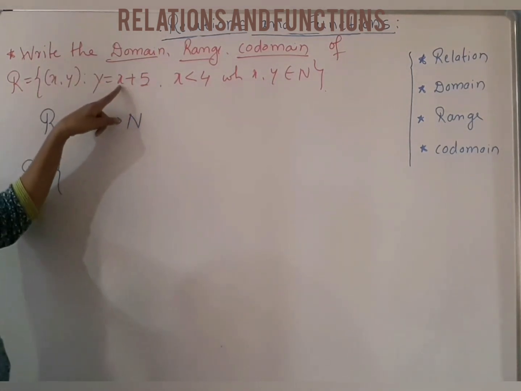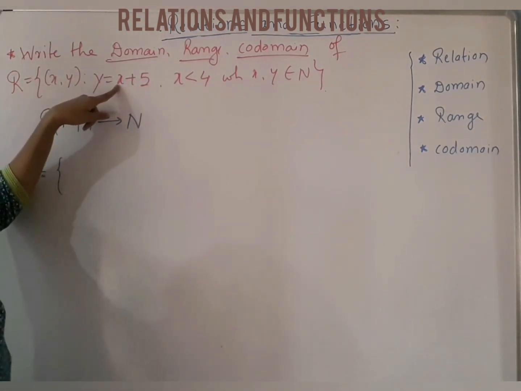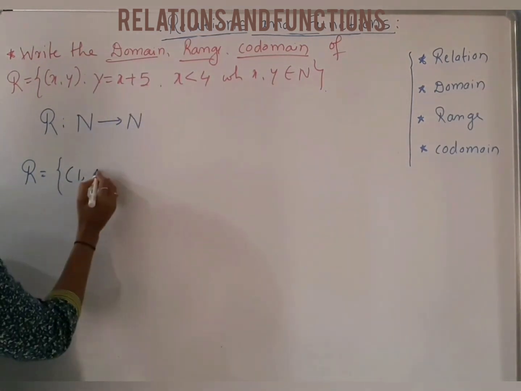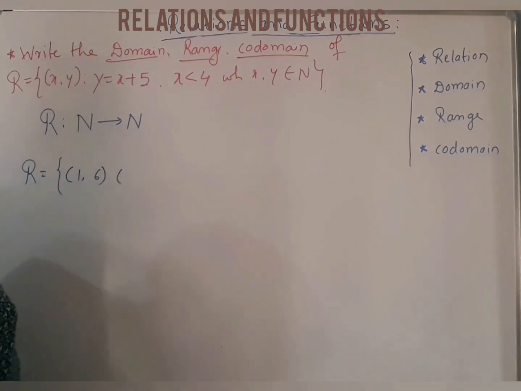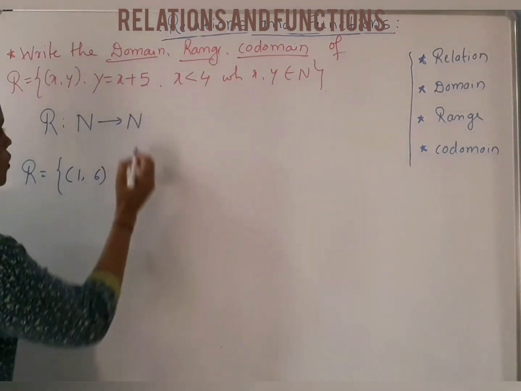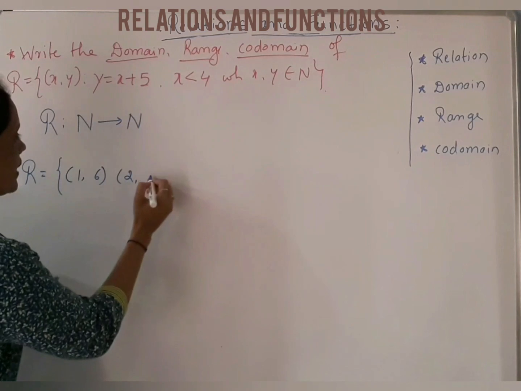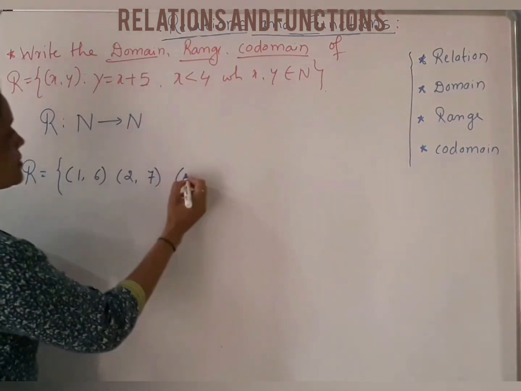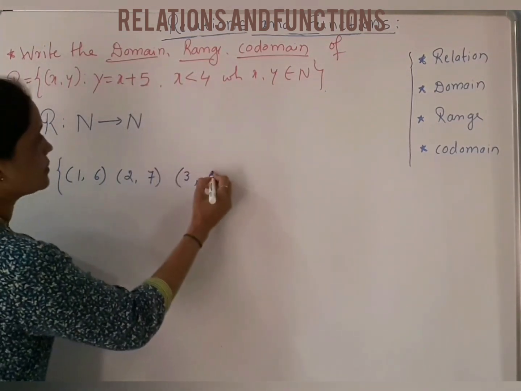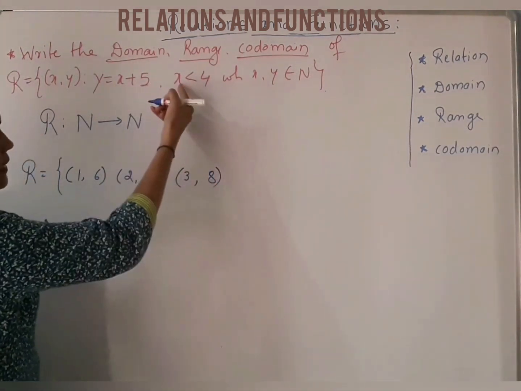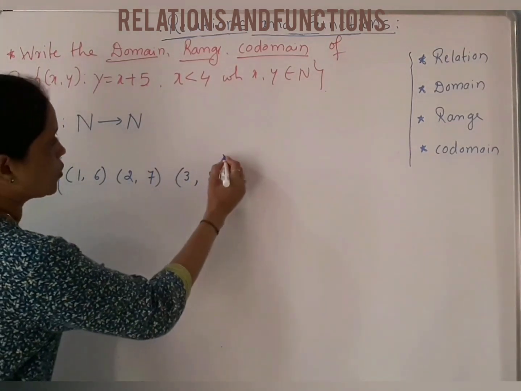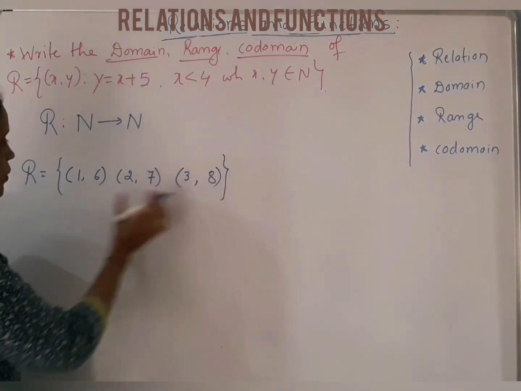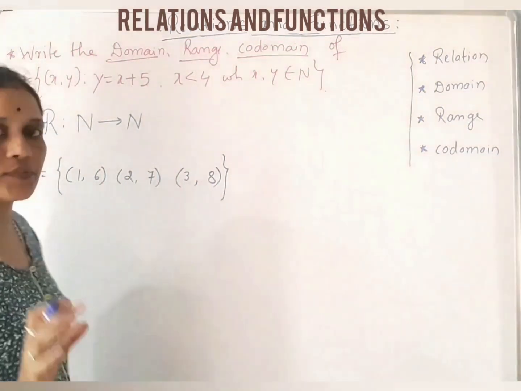So go on substituting. In place of x, put x equals 1. Then the first ordered pair is (1, 1 plus 5) = (1,6). The second ordered pair, put x equals 2: (2,7). The third ordered pair, put x equals 3: (3,8). And the condition is x is less than 4. So these are the three ordered pairs (1,6), (2,7) and (3,8).